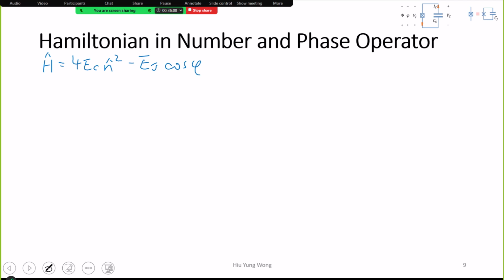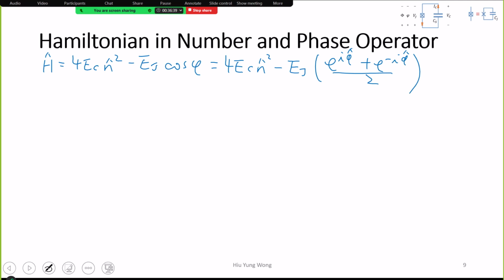Now I can expand this to this. The first term is still the same, but I don't like the second term because I want to use some equations. So here I convert cosine into e to the power i phi, again this is an operator, plus e to the power negative i phi, divided by 2. This is just a general expression for cosine in terms of e to the power i phi.